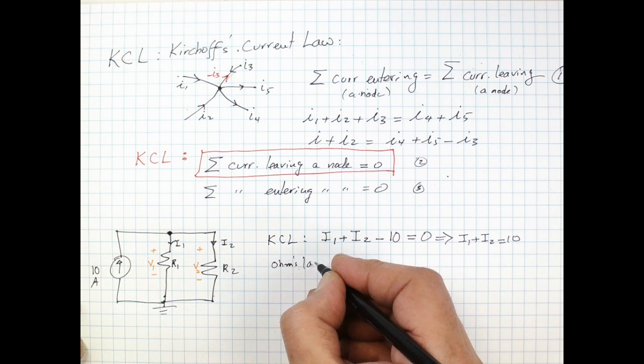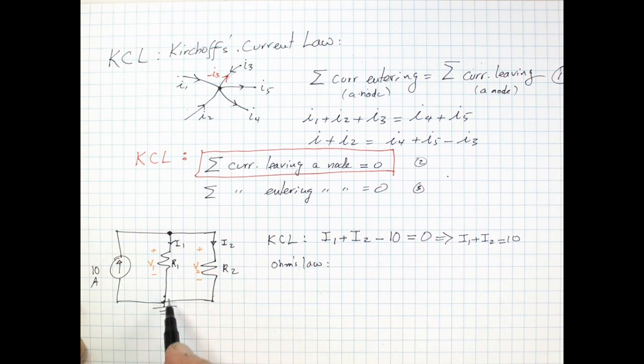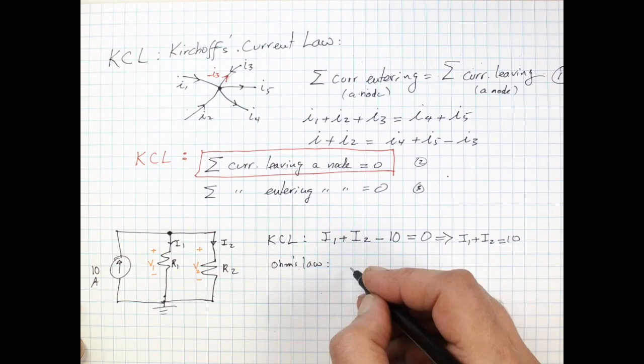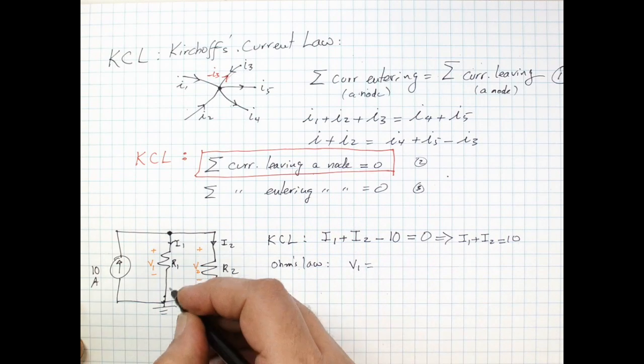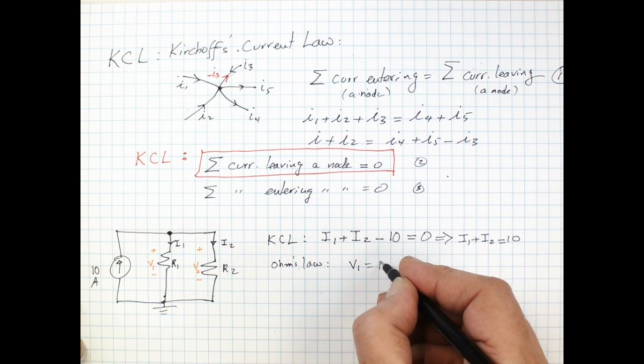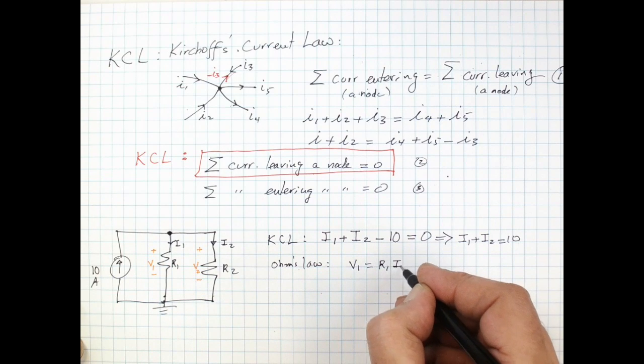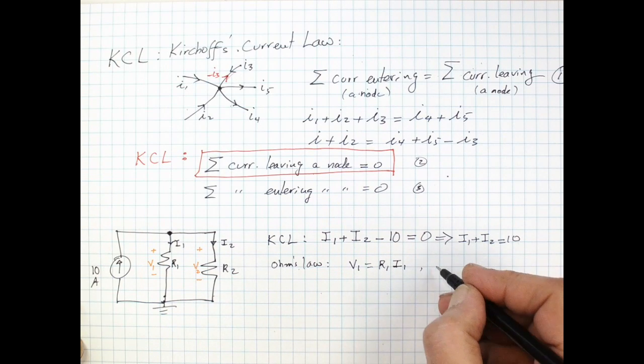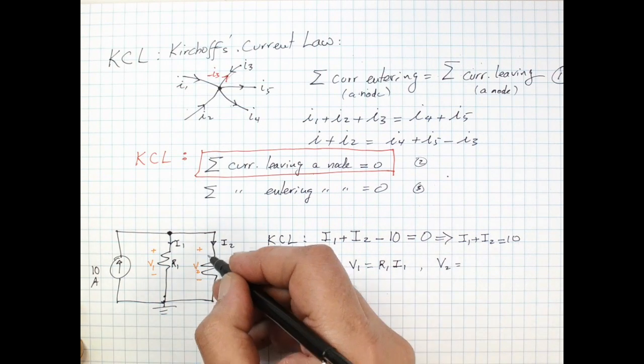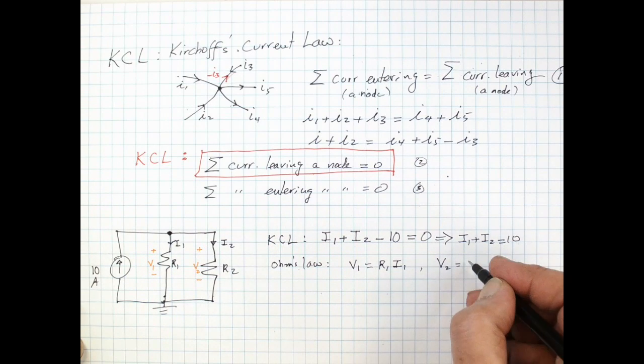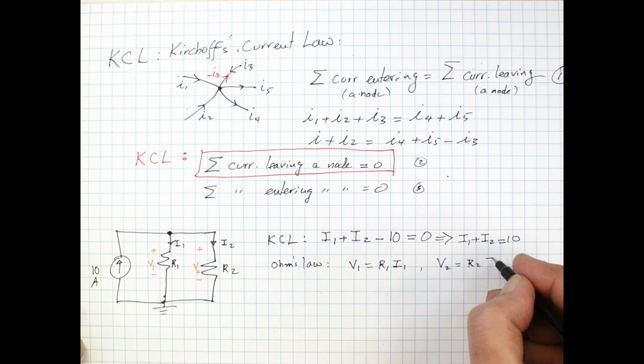Ohm's law. According to Ohm's law, we have V1 is equal to I1 R1. And then V2, the voltage across R2, is going to be R2 I2.